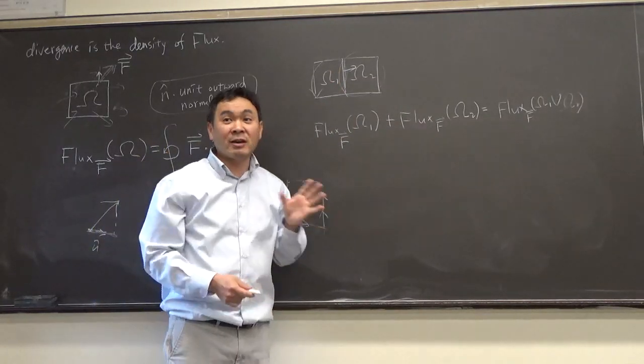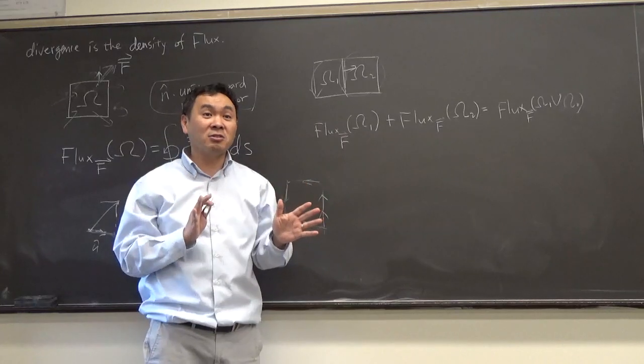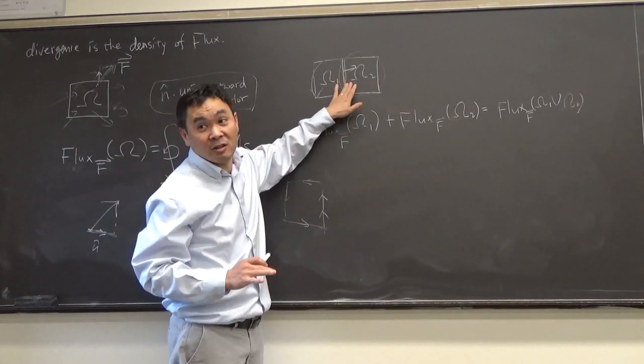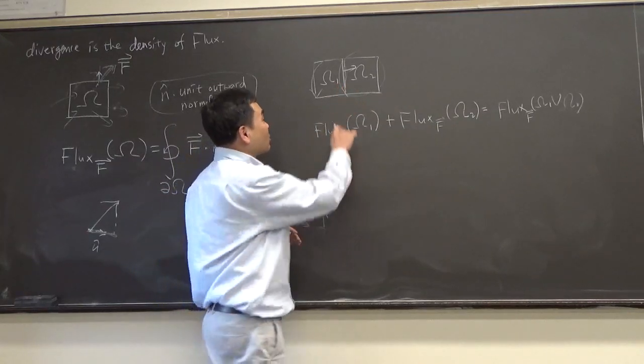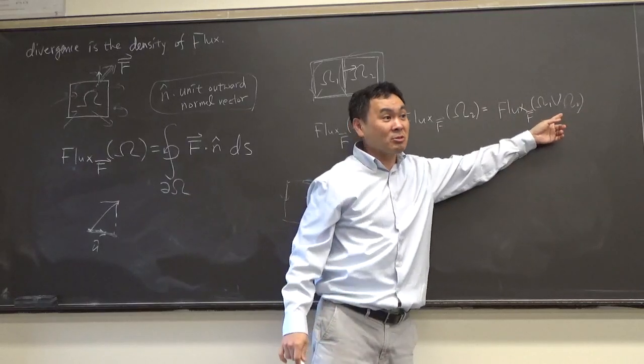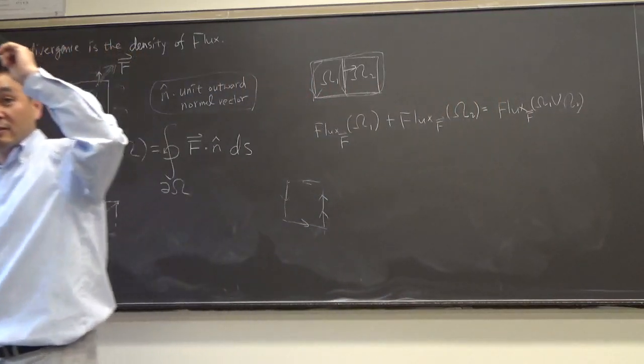F dot n1 and F dot n2 will be exactly the same quantity, just with opposite signs. So if you add them up over here, it's going to cancel out, and you end up with an integral over this boundary, which is the flux around the total region. Does that make sense?